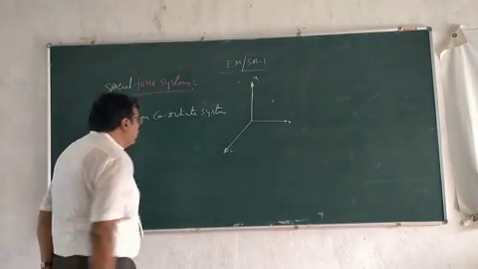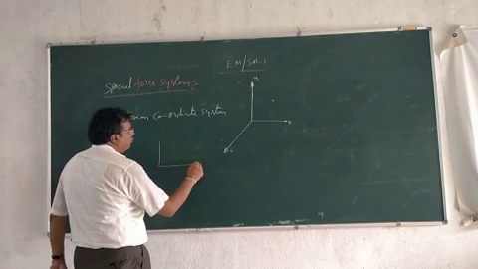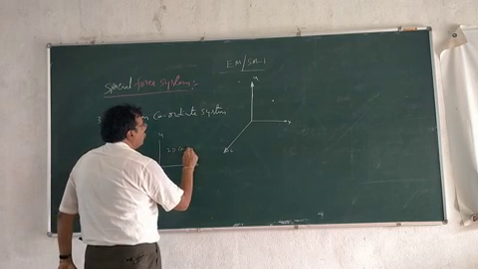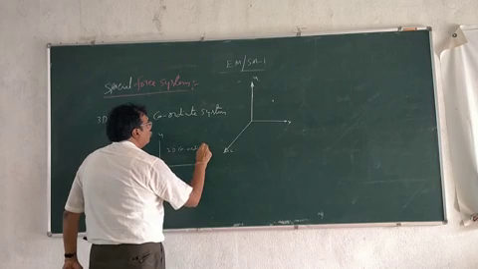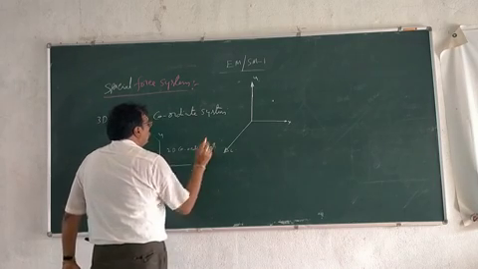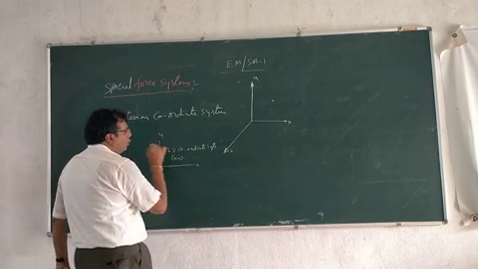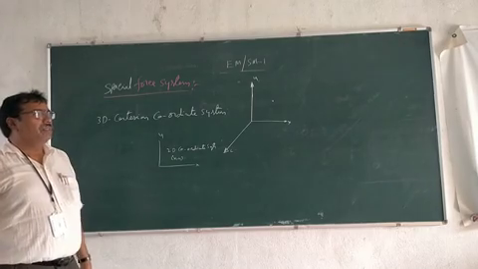Two-dimensional coordinate system is the XY. It is a two-dimensional coordinate system. Here, every point has two coordinates, x, y. Understand?